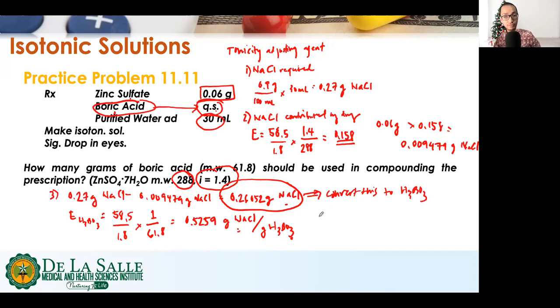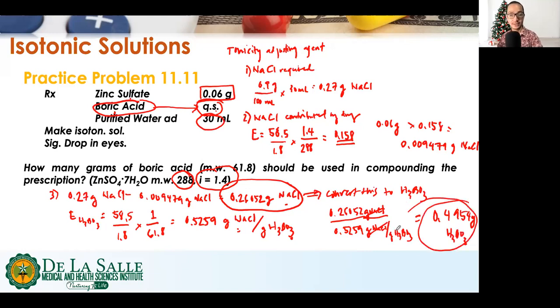So the amount of boric acid will be 0.26052 gram divided by 0.5259 gram. This is grams of sodium chloride; this is grams of sodium chloride per gram of boric acid. So we cancel the grams of sodium chloride to get the grams of boric acid. So it will be equal to 0.4954 grams of boric acid. Okay, so that is our final answer.